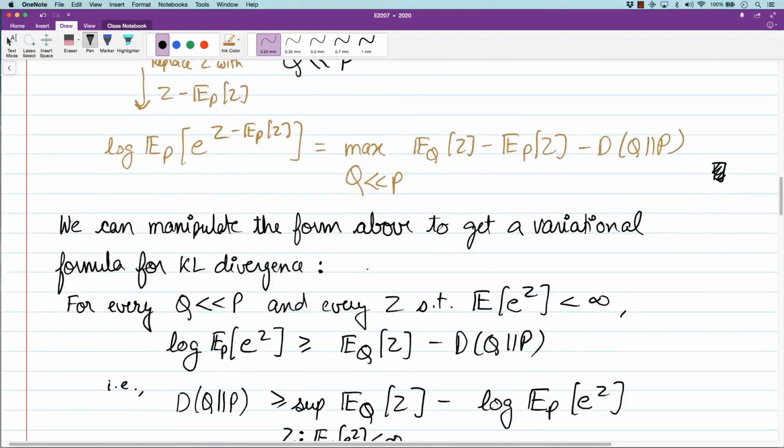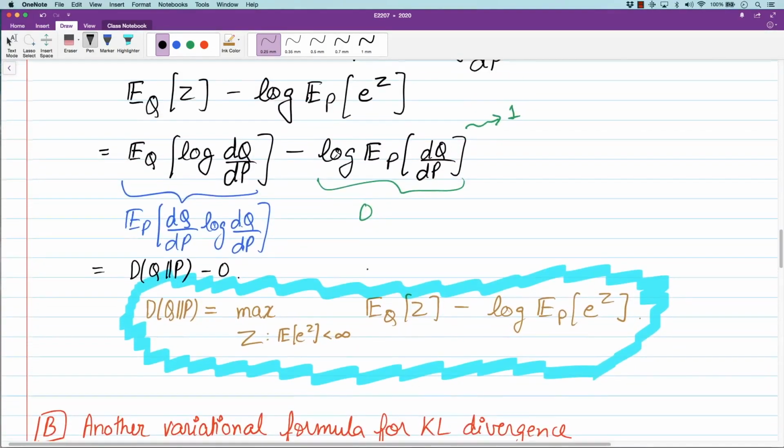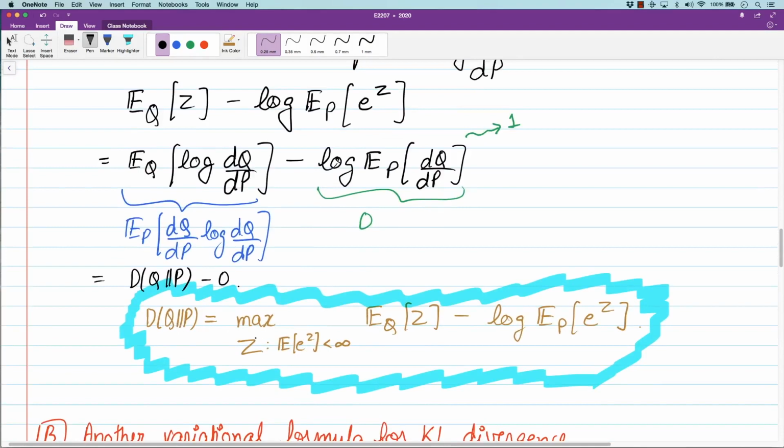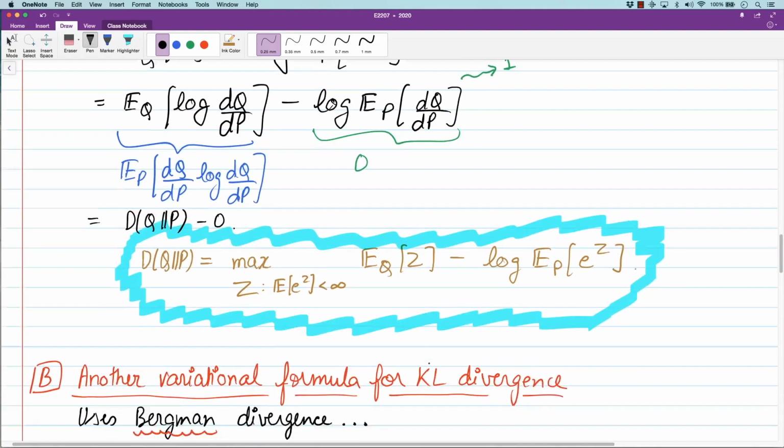But for our immediate use, we want to recall 2 variational formulae. One is for this divergence: it's the max over all random variables Z of the expected value of Z under Q, minus the log moment generating function with respect to P, so log of expected value with respect to P of e to the power Z. That's divergence.